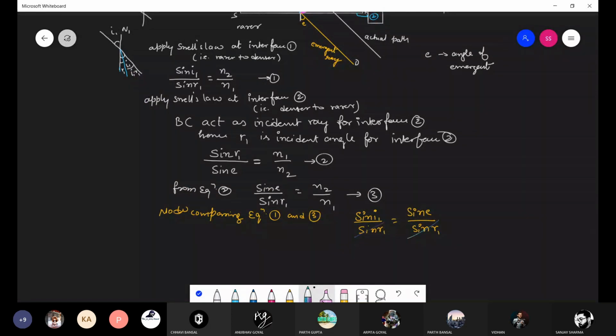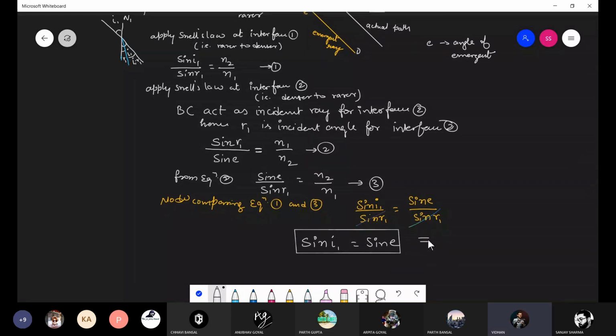Yes, sir, the denominators cancel. So sine I1 is equal to sine E. Comparing the angles, I1 is equal to E. So the angle of incidence is equal to the angle of emergence. This concludes that the emergent ray will be parallel to the actual path.